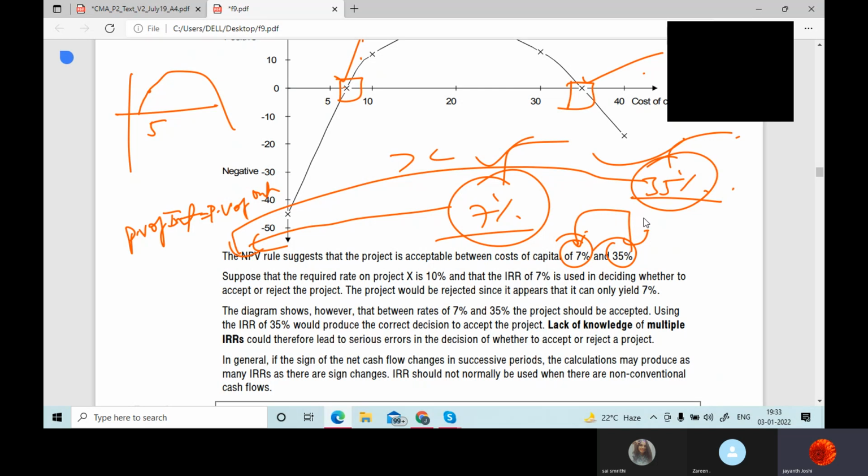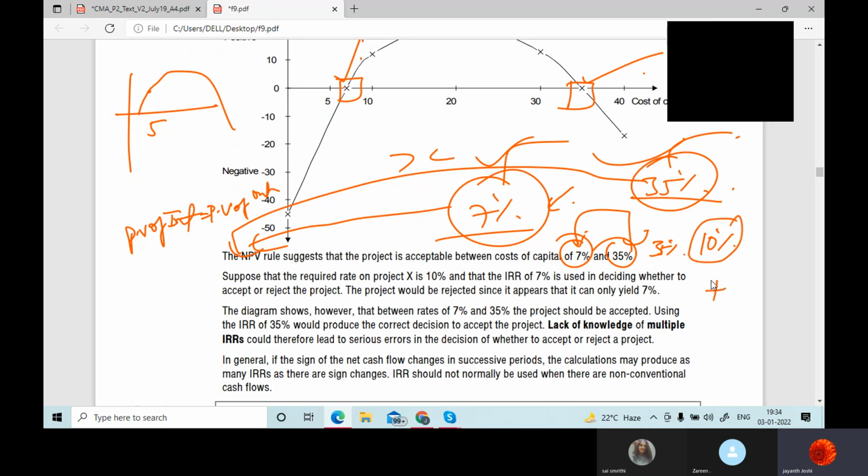But here we are very confused because we are not getting a single rate, and this is creating confusion. If you don't have proper knowledge of IRR decision making, you know that if the hurdle rate is 10% and your IRR of 35% is more than the hurdle rate, will you accept the project or reject it? You'll accept. Why?